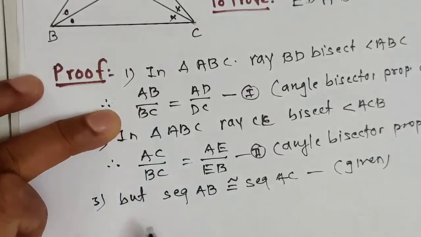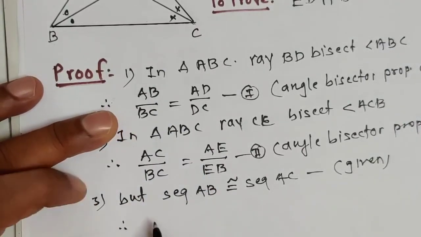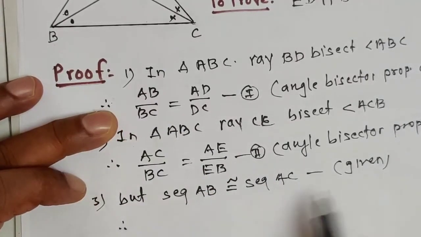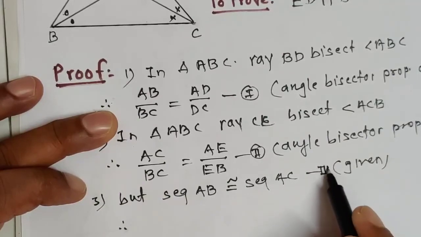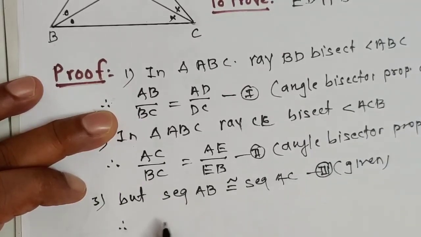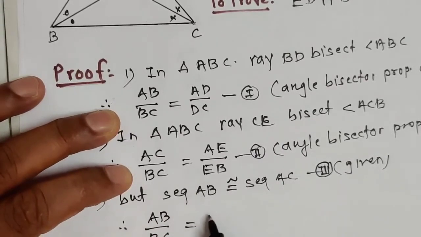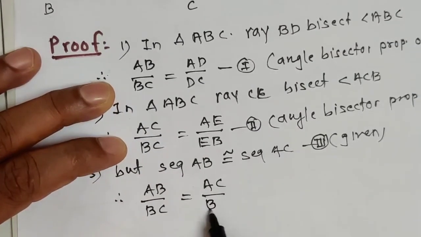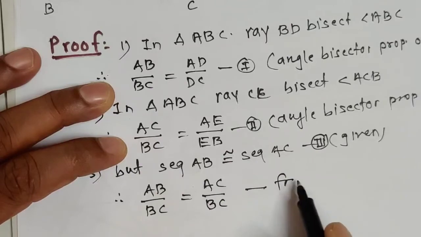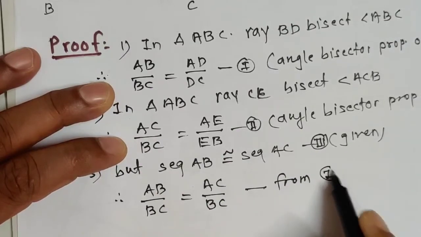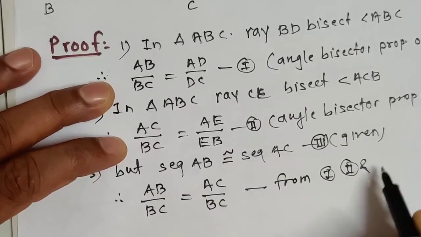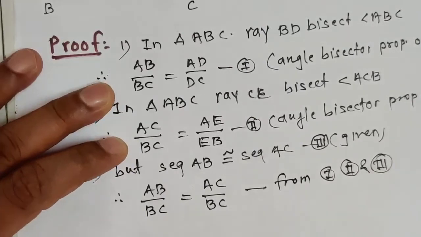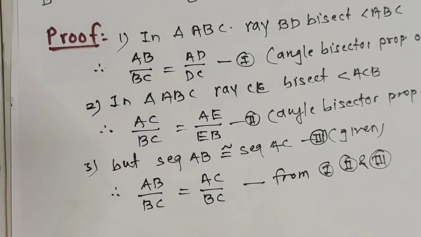So both the ratios become equal. This is 3. From 1 to 3, what we can write? AB upon BC, this ratio is equal to AC upon BC. Reason, from 1, 2 and 3. So from 1 to 3 we get these ratios are equal.